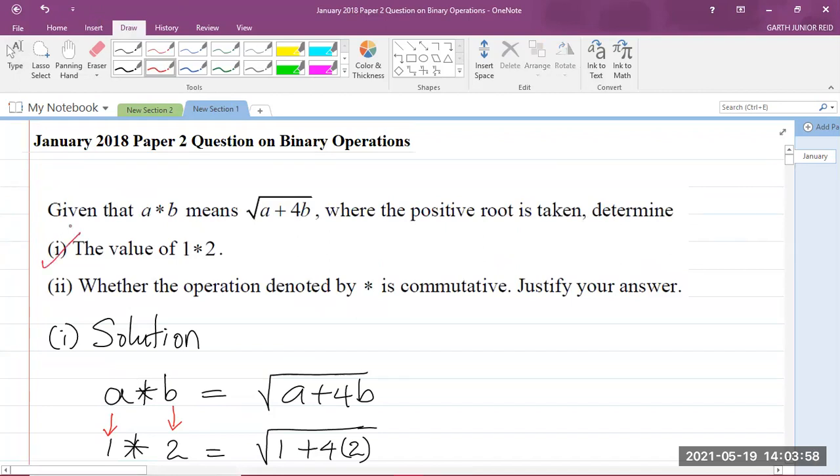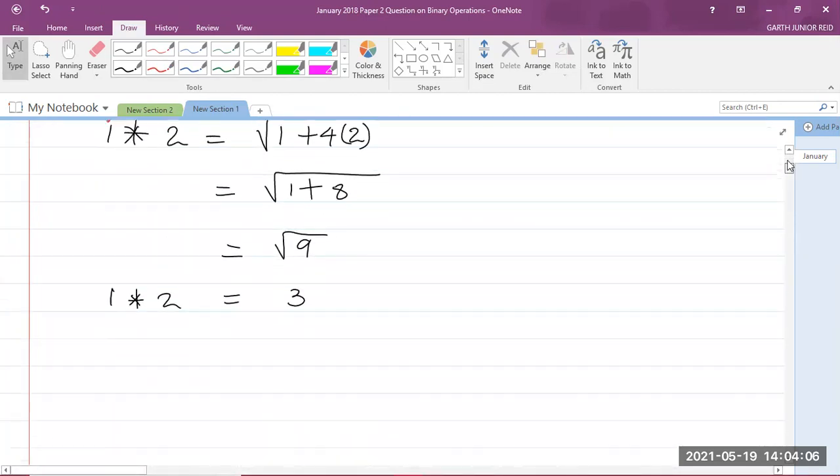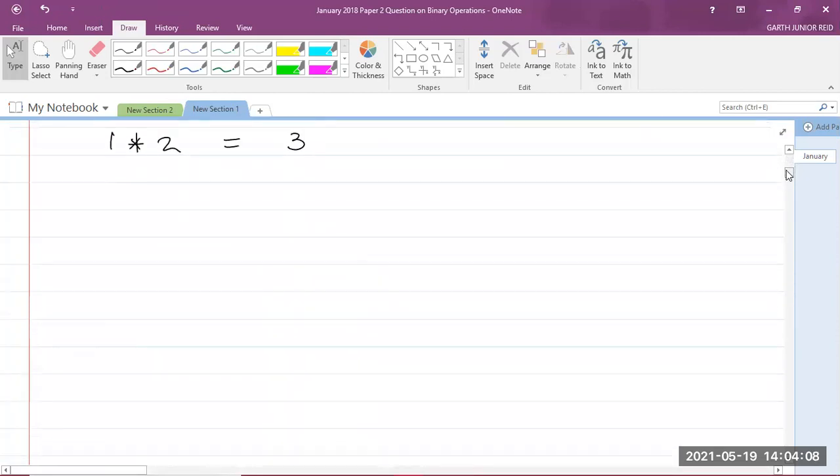Let's now do part 2, which says to determine whether the operation denoted by star is commutative, and we are to justify our answer. Part 2, solution. What do you know about commutativity?